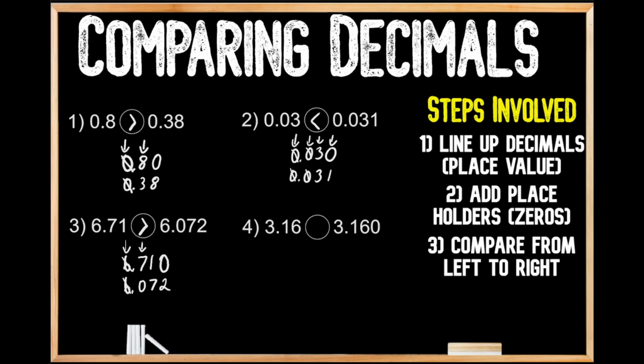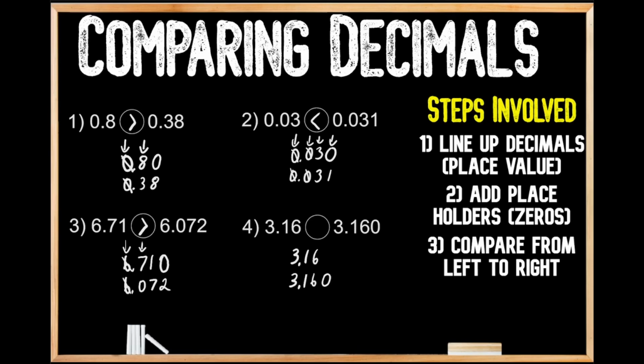Now let's move on to question number 4, where we're being asked to compare 3 and 1600ths to 3 and 160,000ths. Step number 1 is to line up the decimals, making sure that the numbers fall within their correct place value. So we have 3 and 1600ths, and now we have 3 and 160 thousandths.